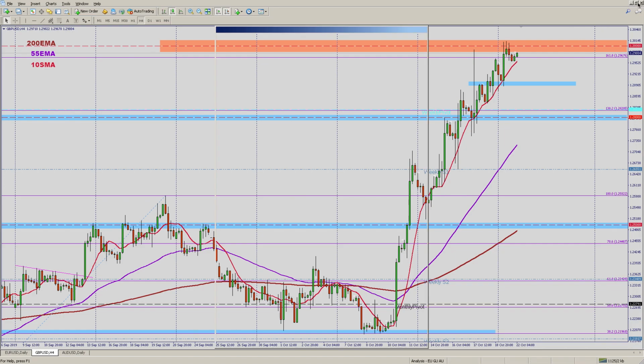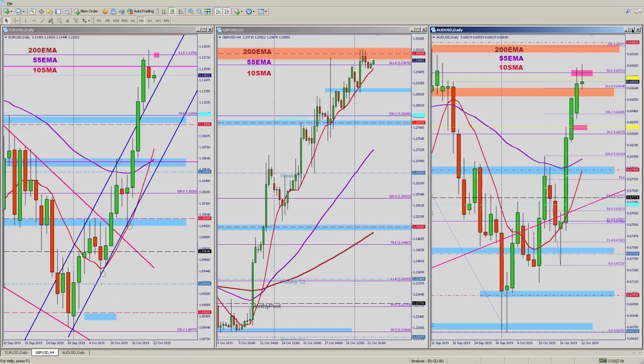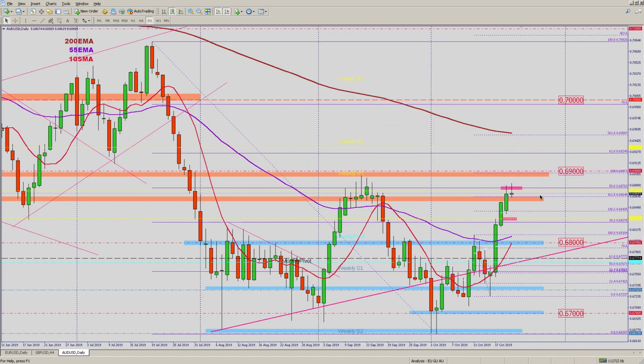Right, let's take a look at the Aussie dollar. Aussie dollar has also hit the 50% fib retracement level and took a pause yesterday as well, and retraced back to the resistance zone that it broke through at the 162 fib extension of this swing move, reversal move.